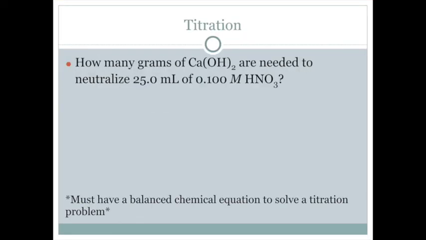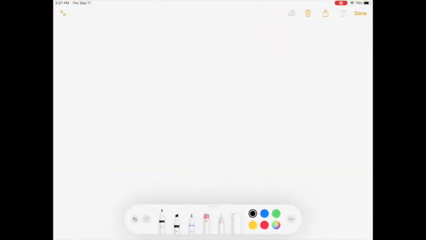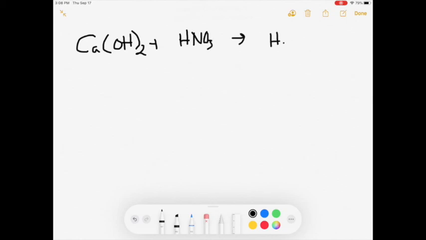It says, how many grams of calcium hydroxide are needed to neutralize 25 mL of a 0.1 molar concentration HNO3? Let's do our balanced equation. We have calcium hydroxide and nitric acid. That's going to produce water and calcium nitrate.